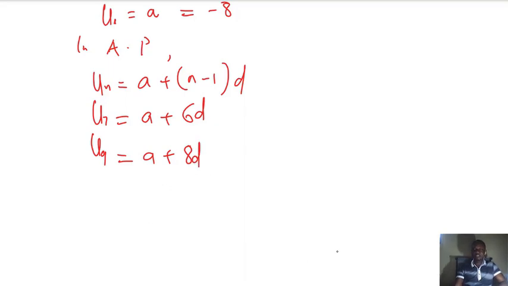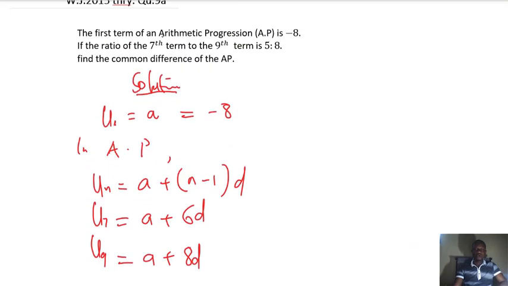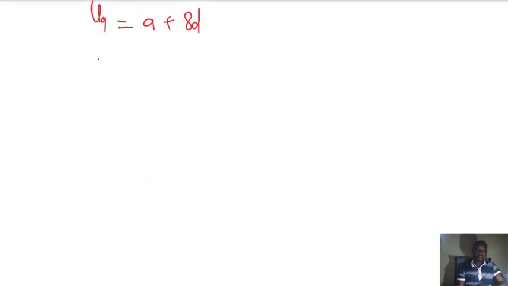But the question says that the ratio of the seventh term to the ninth term is 5:8. So this means that u7 over u9 is equal to 5:8.